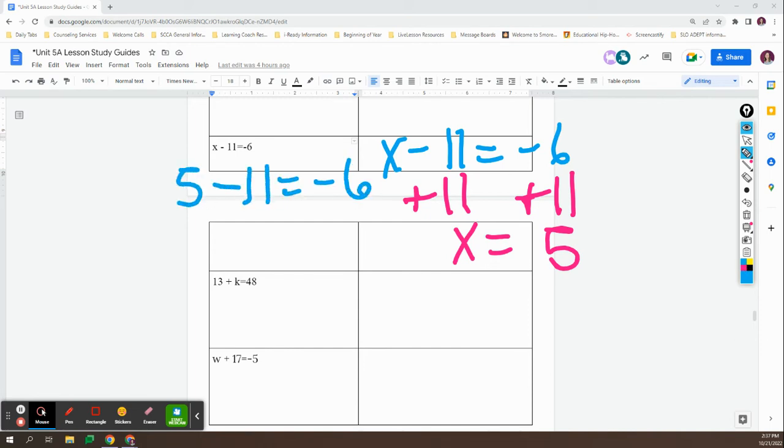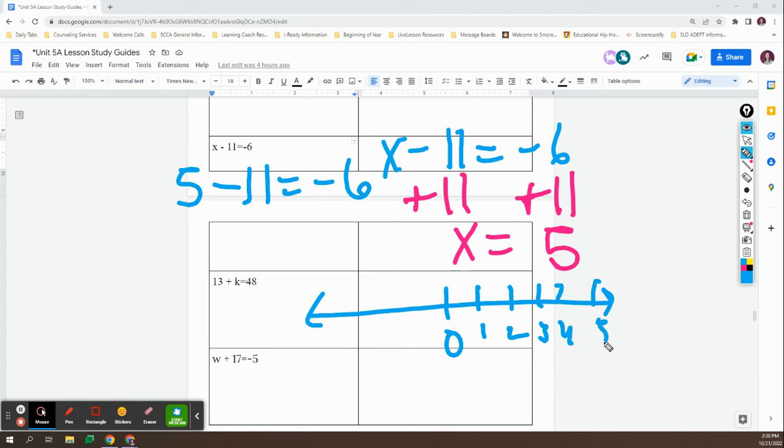So if you think about 5 minus 11, you're starting with a smaller number and you're subtracting a larger number. And so it's going to go into the negative. So if you think about a number line, if you start at 5, so 1, 2, 3, 4, 5.